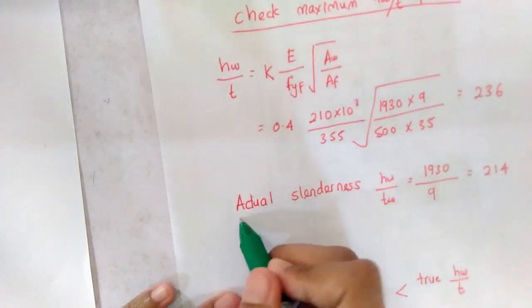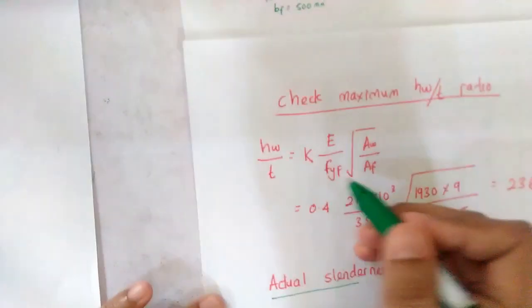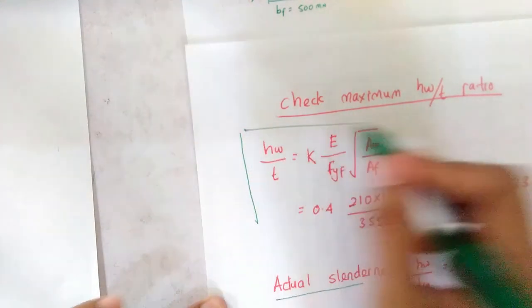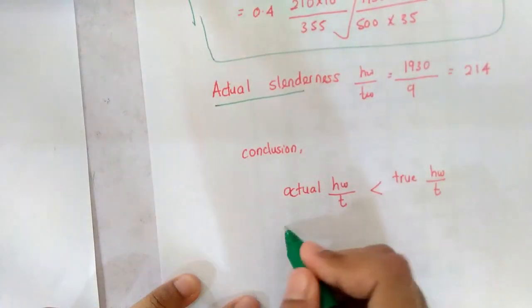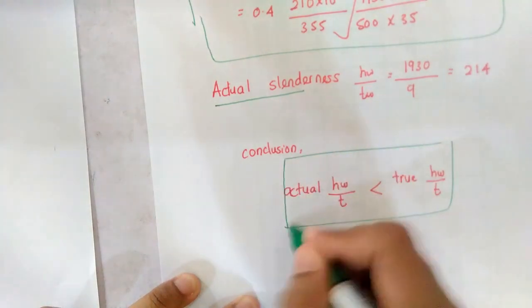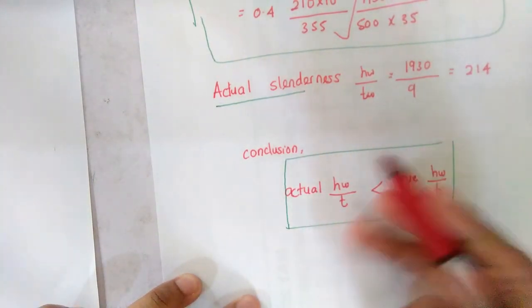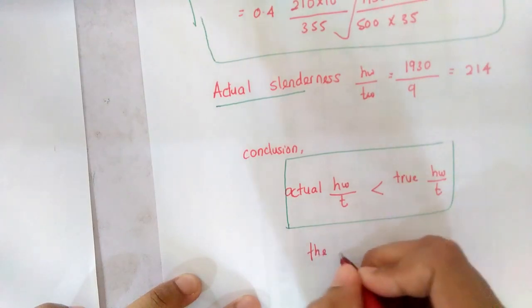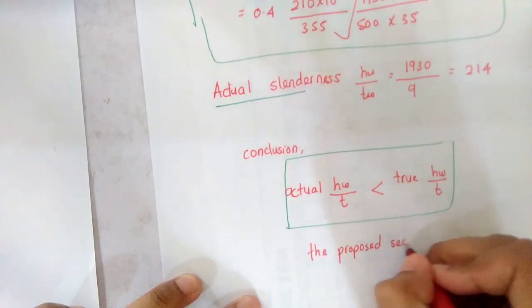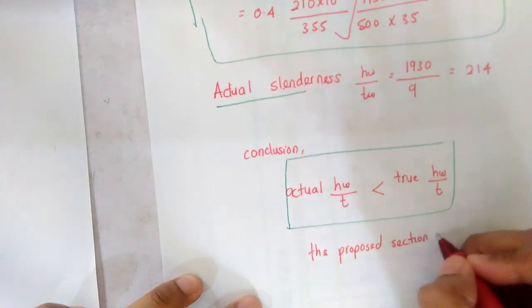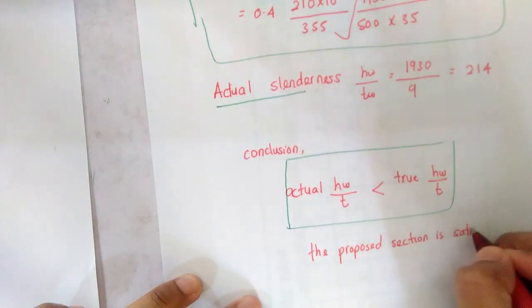So this is the actual and this is the true value. We can conclude that the proposed section is satisfactory.